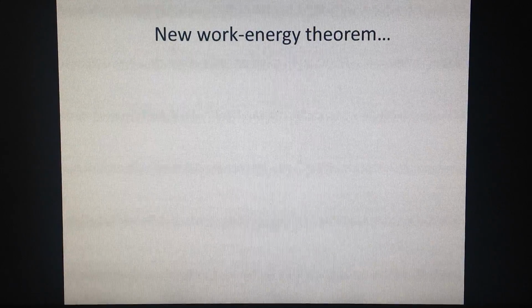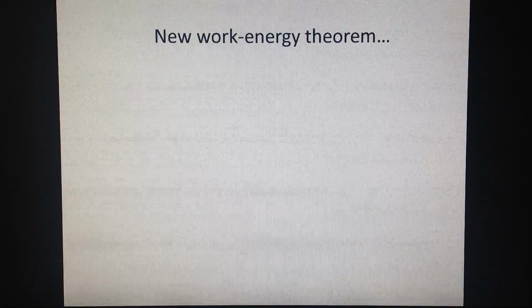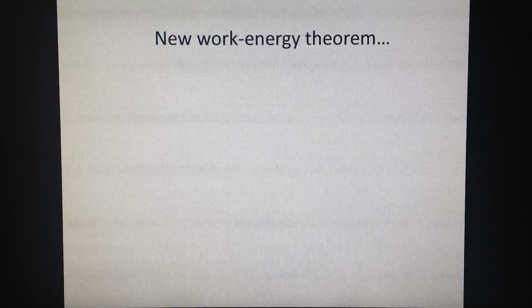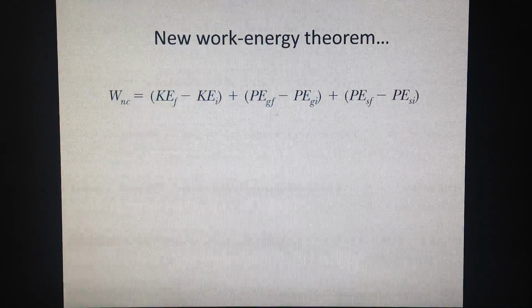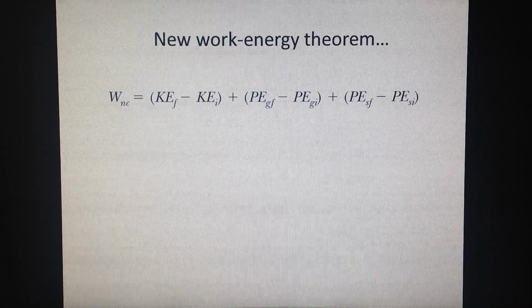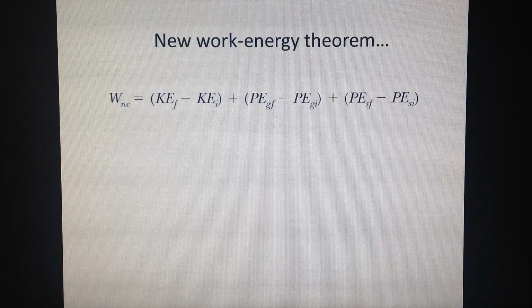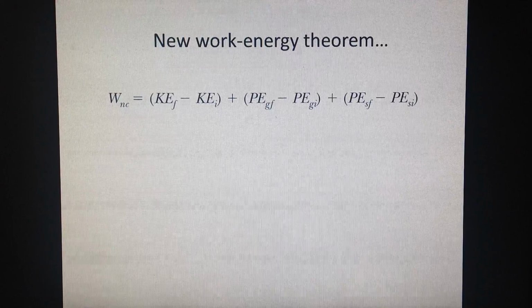Inserting this expression into the previous equation and rearranging gives the new form of the work energy theorem, including both gravitational and elastic potential energy, with this equation, where Wnc is the work done by non-conservative forces, KE is kinetic energy, PEG is gravitational potential energy, and PES is the elastic potential energy.